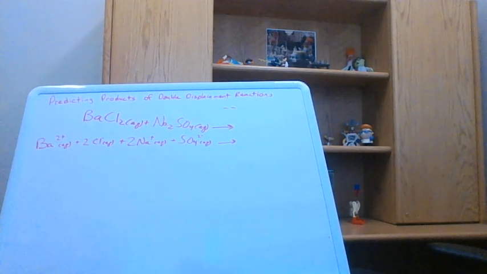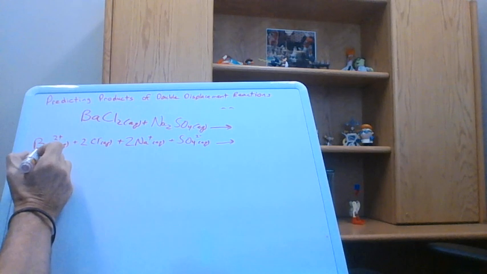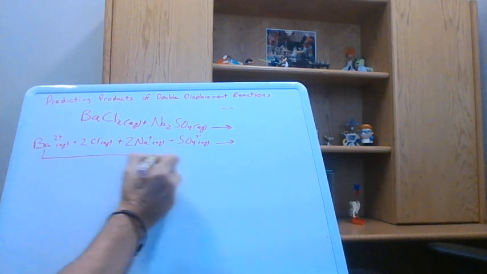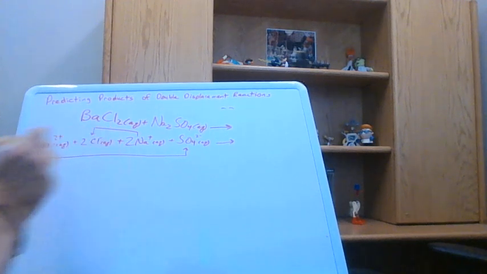And again, when predicting the products of a double displacement reaction, the cations are going to switch to be with the other anion. So this barium now is going to want to be with the sulfate, and this sodium is going to want to be with the chloride here.